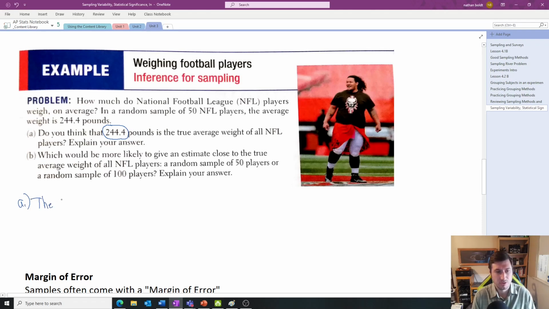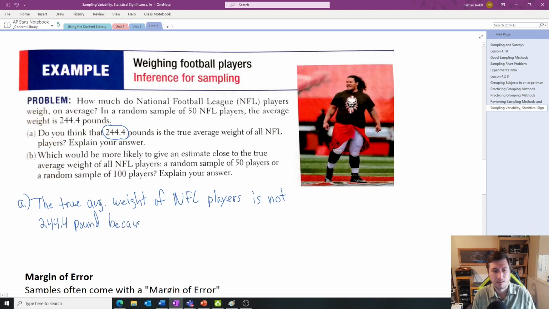So the true average weight of NFL players is not 244.4 pounds, because of sample variability. Now, we're hopeful that it's close. A sample of 50 is pretty big. We're hopeful that it's going to be close, but we know it's not going to be exact.